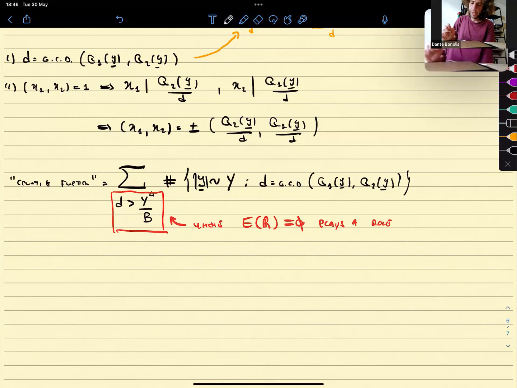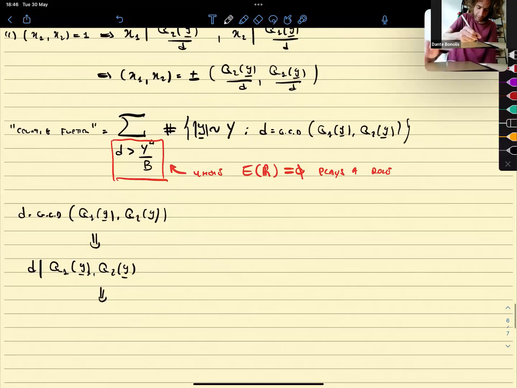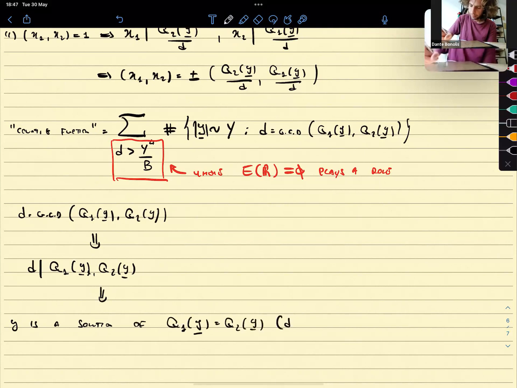Now you see that the fact that we are requiring D to be equal to the GCD of Q1Y and Q2Y is telling us that D divides Q1Y and Q2Y, and this is telling us that Y is a solution of the equation xy over q2y modulo d.